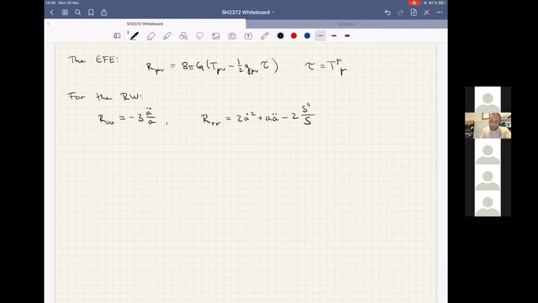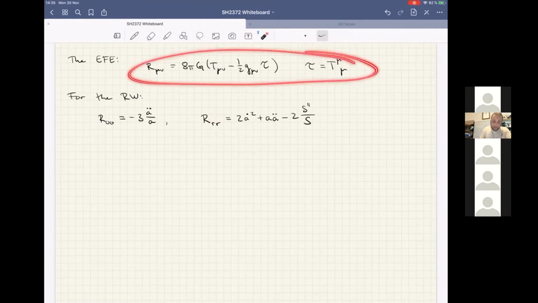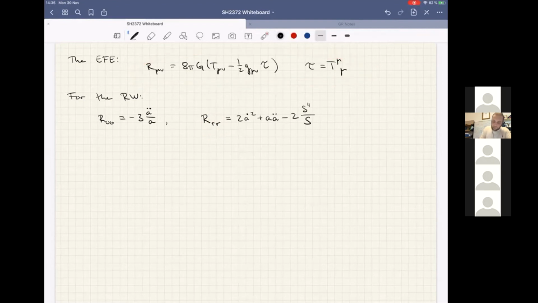Once we use this form of the Einstein equations, we can compute the right-hand side by inserting our expression for the ideal fluid into T. We have the left-hand side, and we can compute the right-hand side.